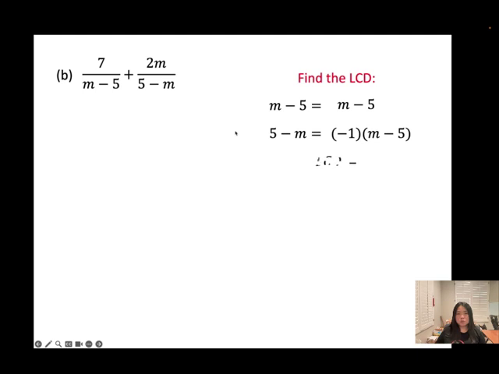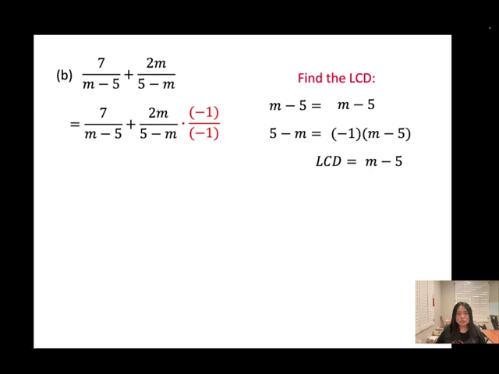Okay, so the LCD will be m minus 5, and then the negative 1, I just multiply it here. Combine the like terms.